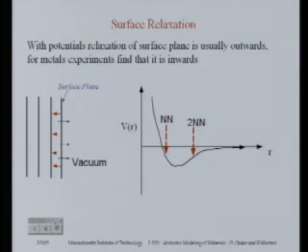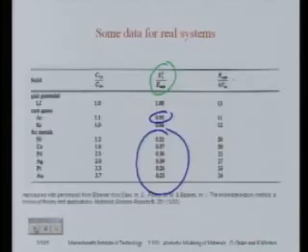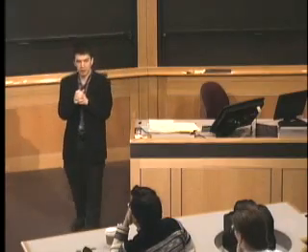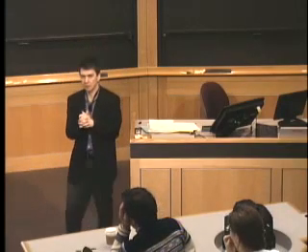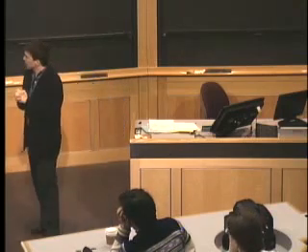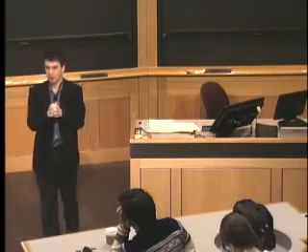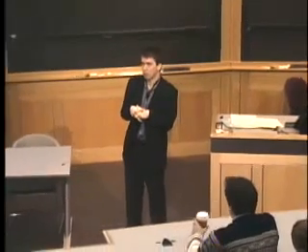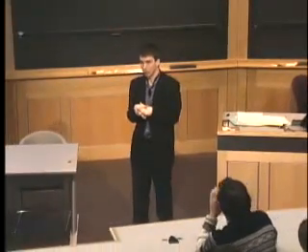So, actually, let me go back for a second to the pair potentials. What's the physics here of why the vacancy formation energy is so low in real materials? Remember what I said before, that bonding in metals, the bonding energy goes not linear in the coordination number.